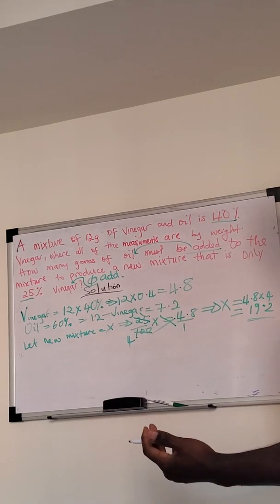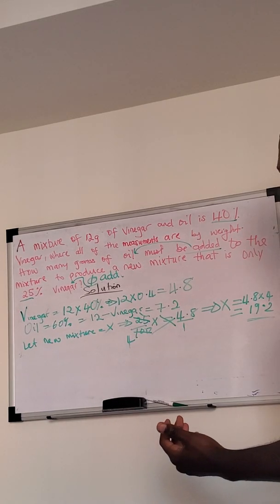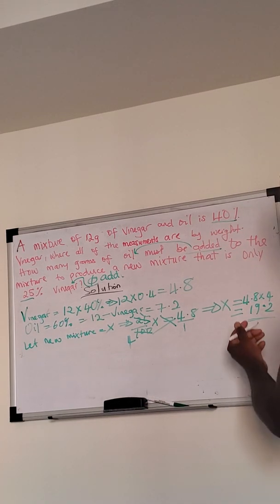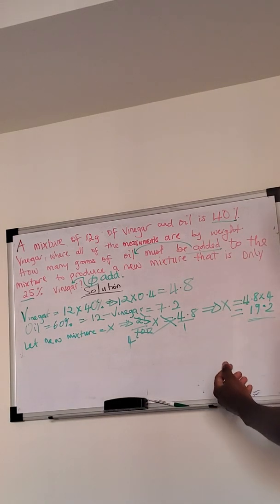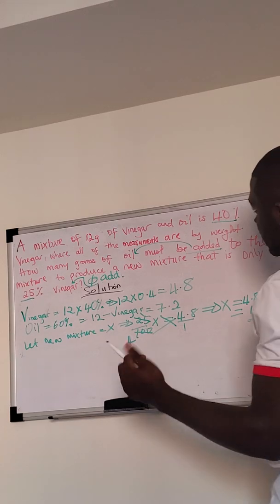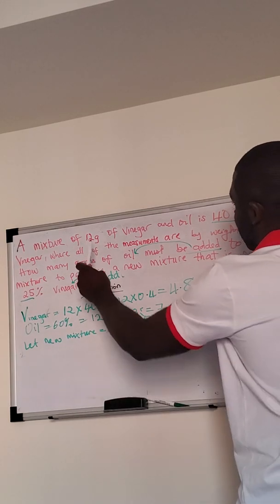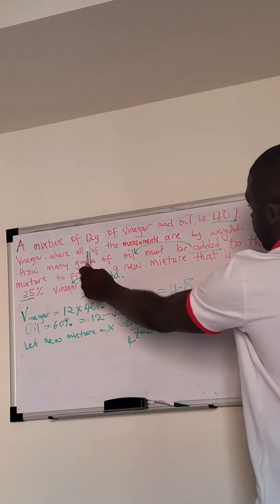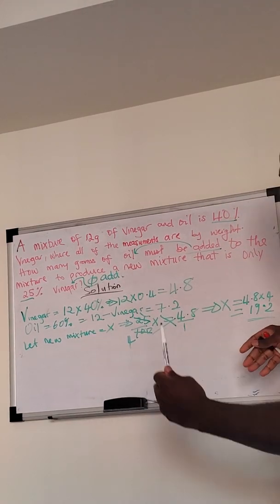So we have most of the variables, but we don't know the new oil that has been added. A simple way to get it is to subtract the old total from the new total, and you get the difference.